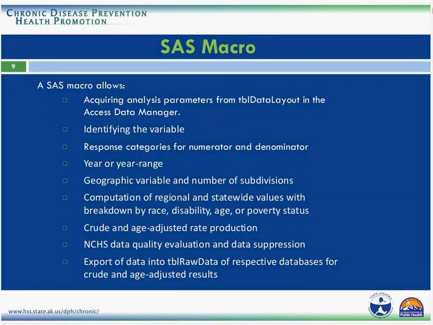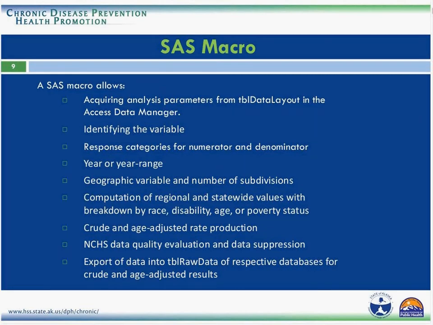So the SAS program allows acquiring analysis parameters from the table data layout and the Access Data Manager. It identifies the variable. It identifies the response categories that we want to use in the numerator and the denominator, the year or year range, the geographic variable and number of subdivisions, the computation of regional and statewide values with a breakdown by race, disability, age, or poverty status, for example.